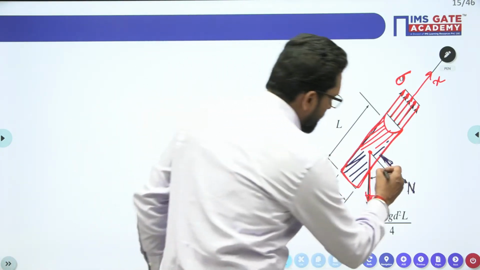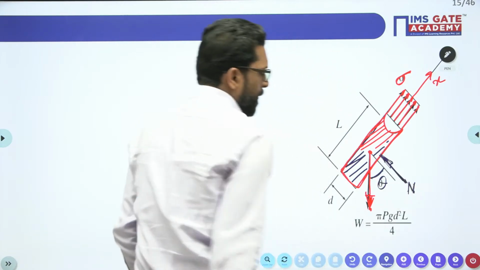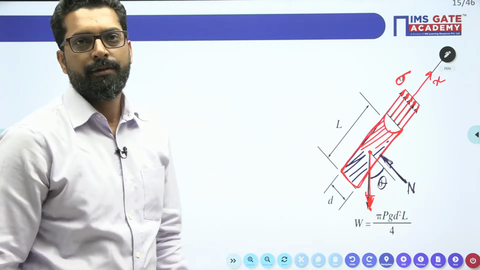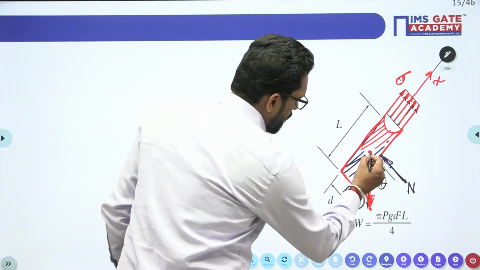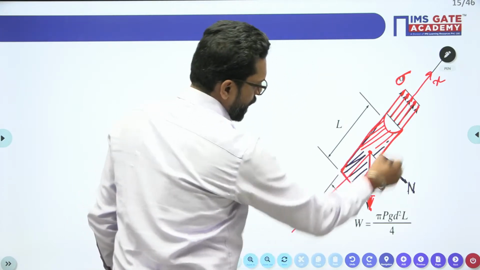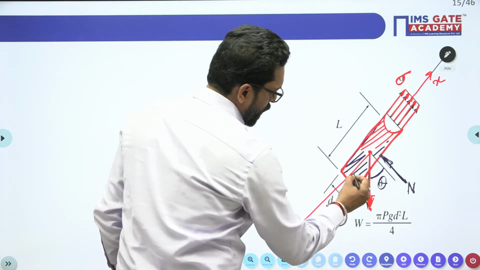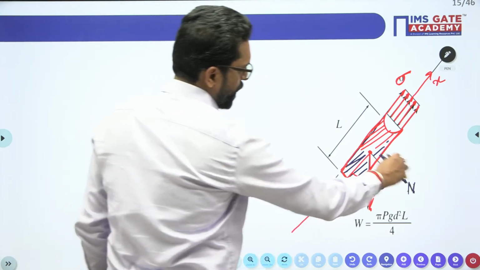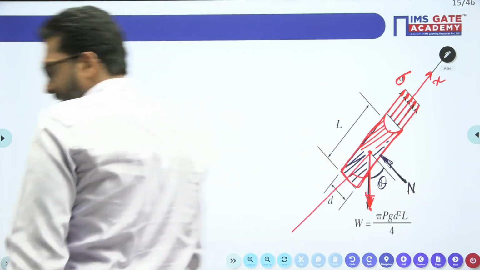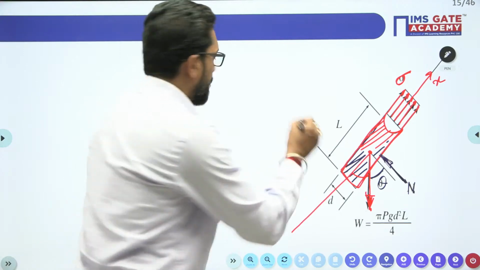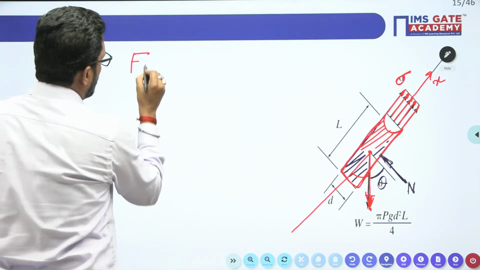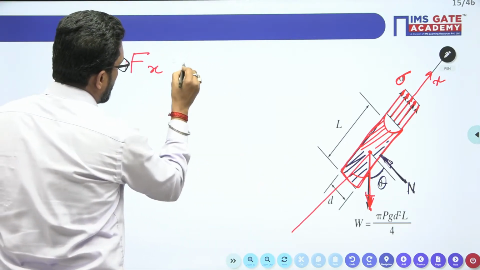And the angle is given as theta degrees. So just a force balance. This angle is also theta. We have to balance the W component. That means the net force in the X direction is equal to 0.